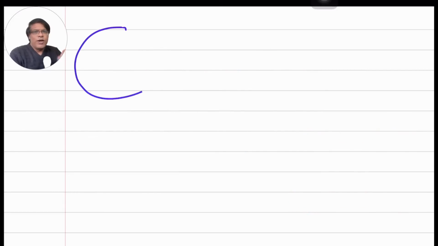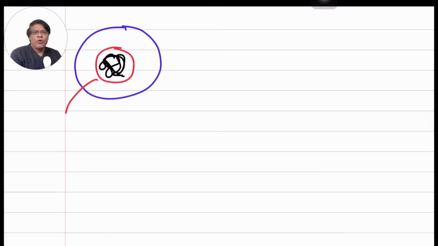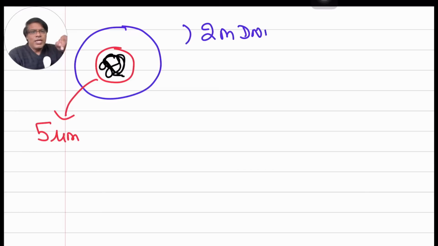Now here I just want to tell you, if you see the human cell, the size of the nucleus is 5 micrometer. Now if you see 2 meter DNA, in the case of human beings, 2 meter DNA has been packed within a small narrow space, within a small nucleus.